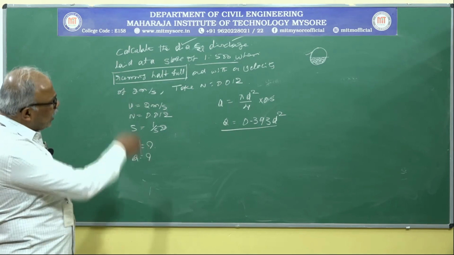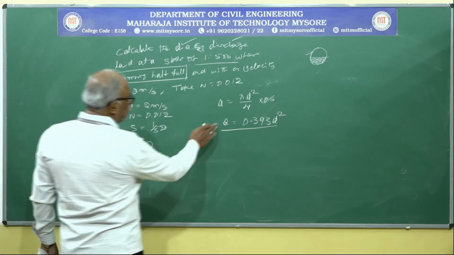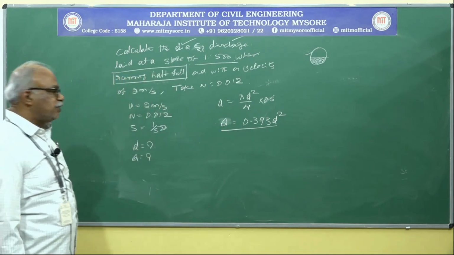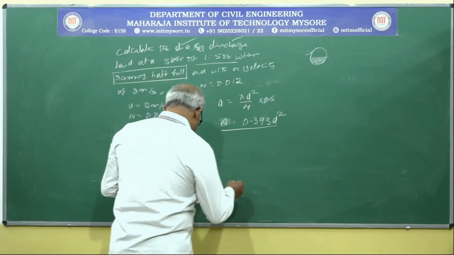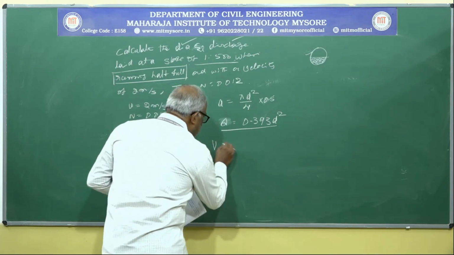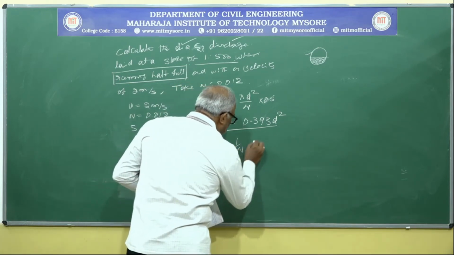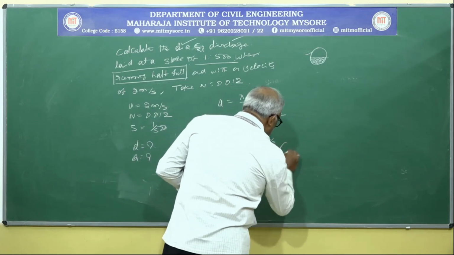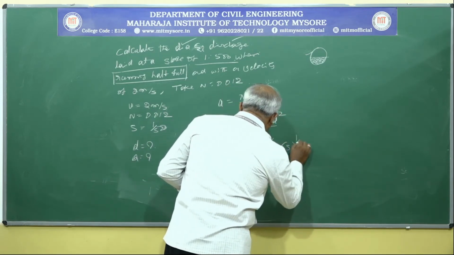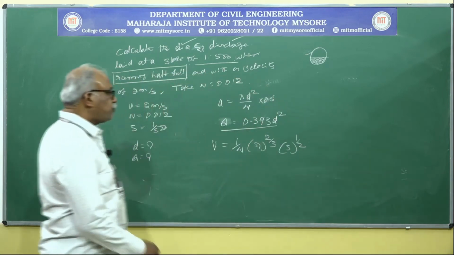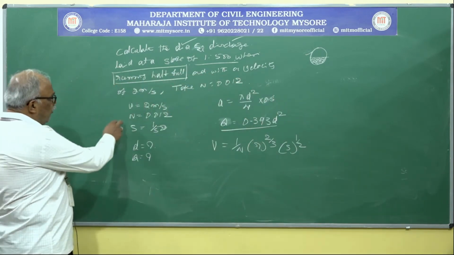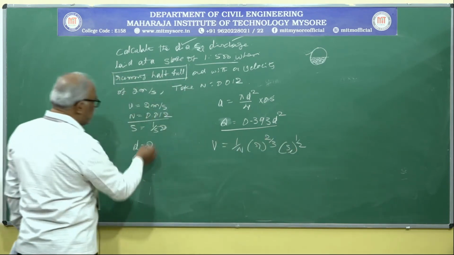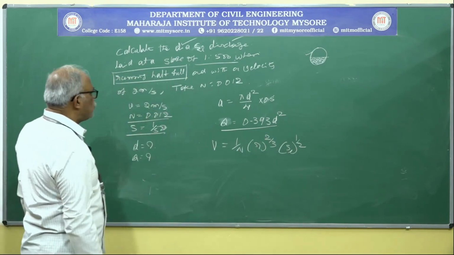After calculating this area, we know the Manning's equation. What the Manning's equation says: V equals 1 by n into small r to the power of 2 by 3 into s to the power of half. The value of n is given in the problem and also the value of s is given. You substitute all those things.